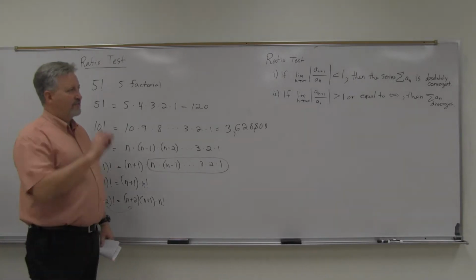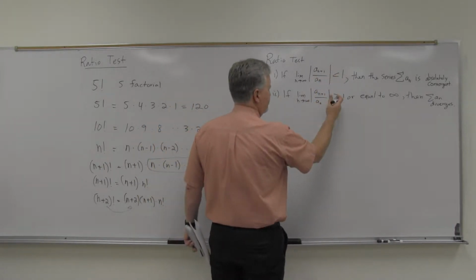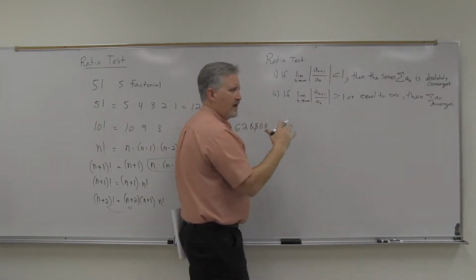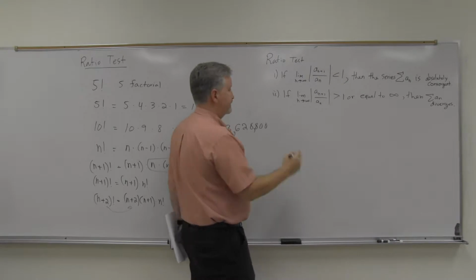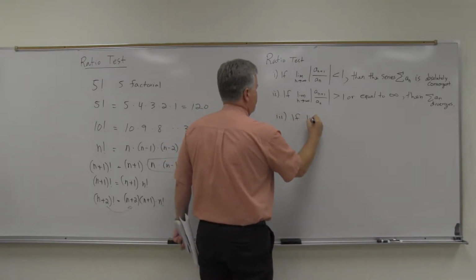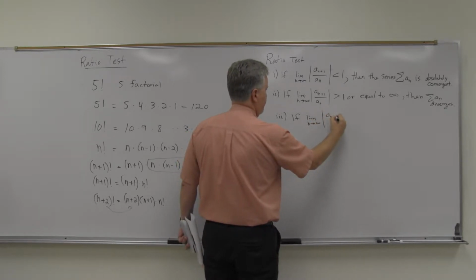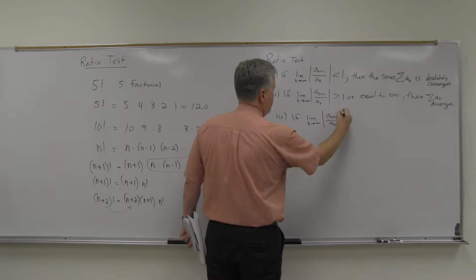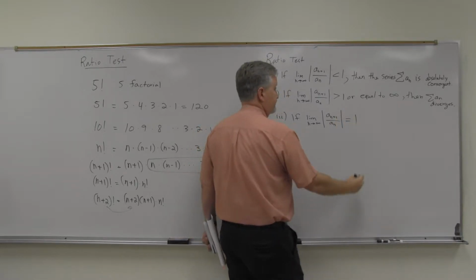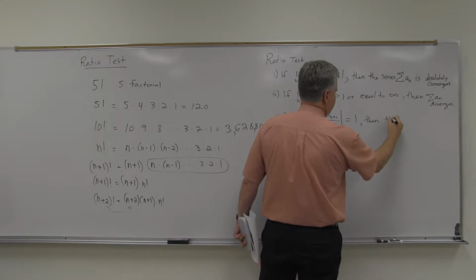All right, so there's one other option here that could happen. We got less than 1, we got greater than 1, or infinity. Could be equal to 1, right? So what do we got there? So 3, if the limit as n goes to infinity of the absolute value of a sub n plus 1 over a sub n equals 1, well, then the test is inconclusive.